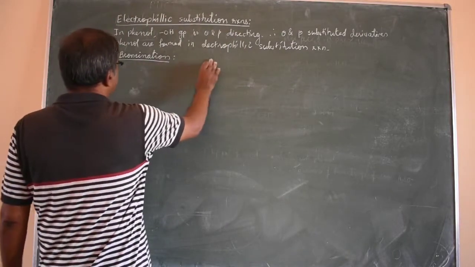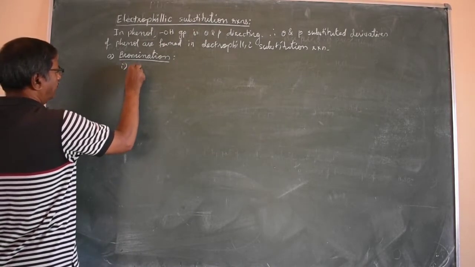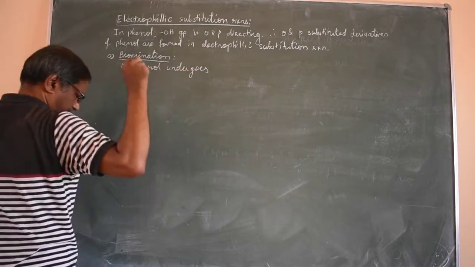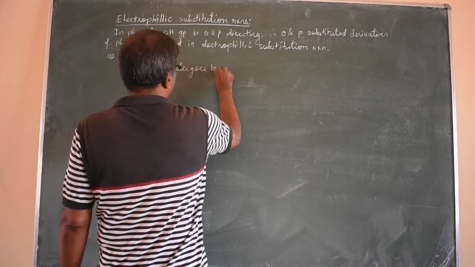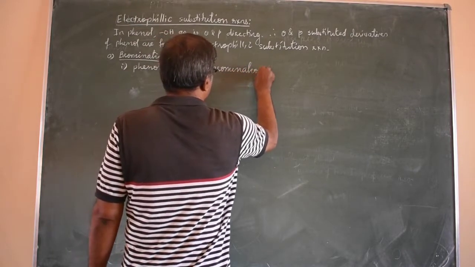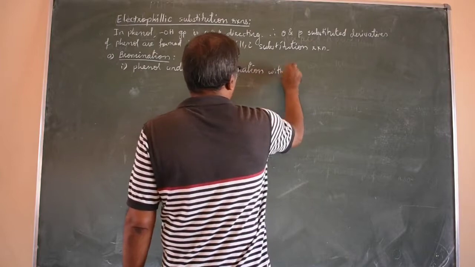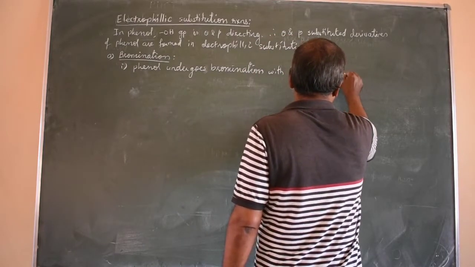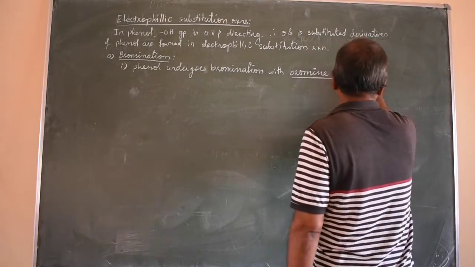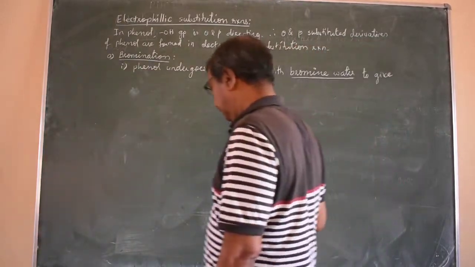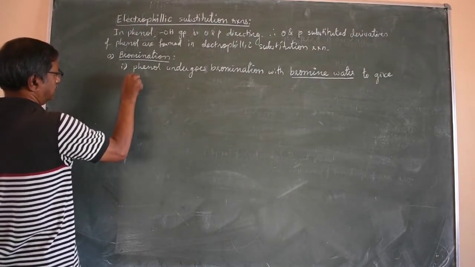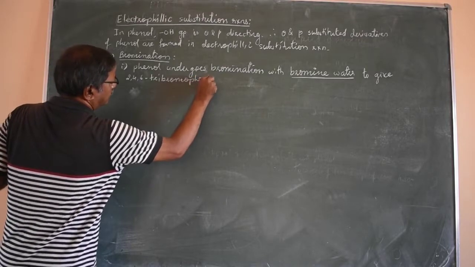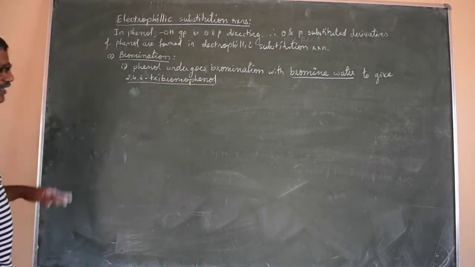Bromination. Number 1, phenol undergoes bromination with bromine water, or you may say aqueous bromine, to give 2,4,6-tribromophenol. So the product is 2,4,6-tribromophenol, a white precipitate.